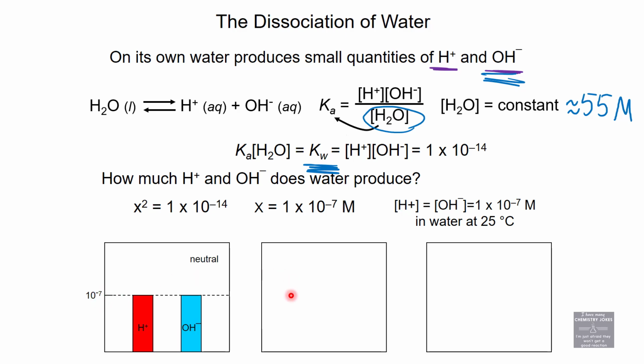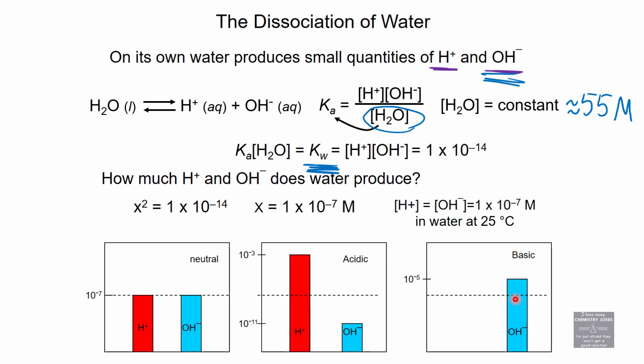If you have more H+ than you have OH-, that's considered an acidic solution. And on the other end of the spectrum, if you have more OH- than you have H+, that's considered a basic solution.